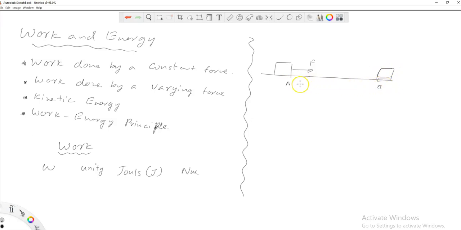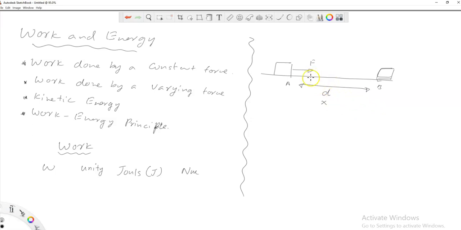So the distance it moved in the direction of force, let's say D, distance or displacement, we can use the letter X as well.